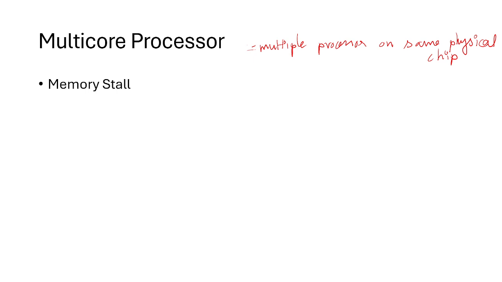Consider there is a process executed by the processor. This is the timeline. Consider C is a compute cycle and M is a memory stall cycle.